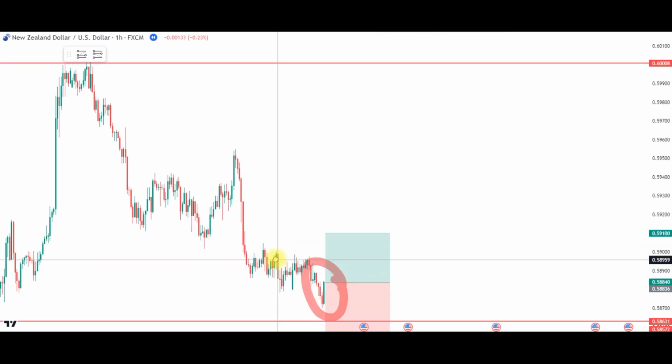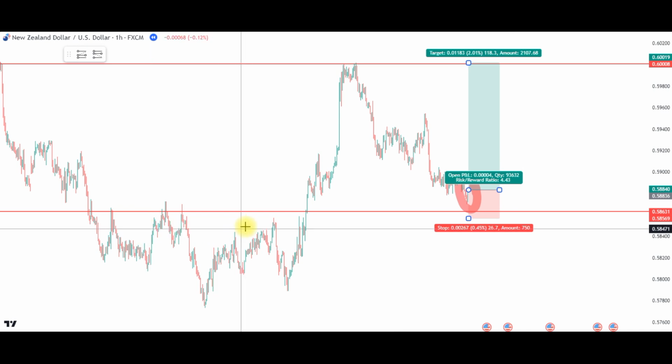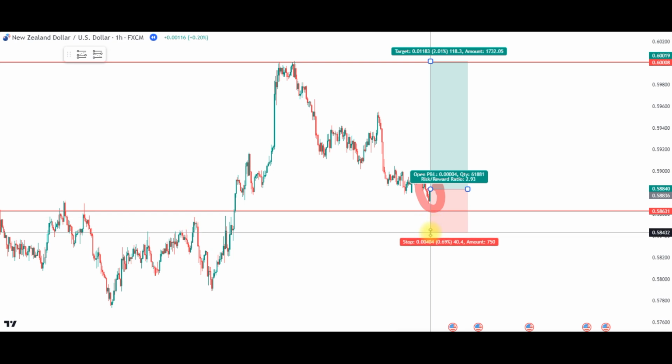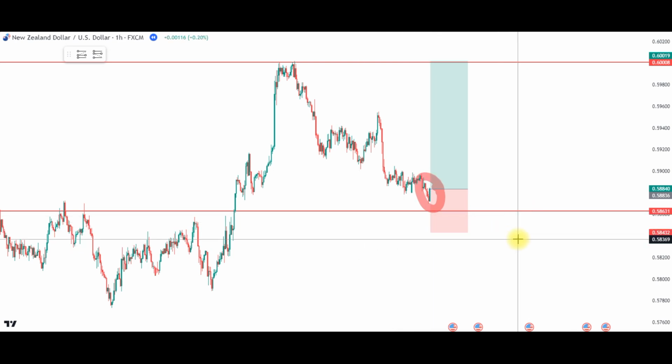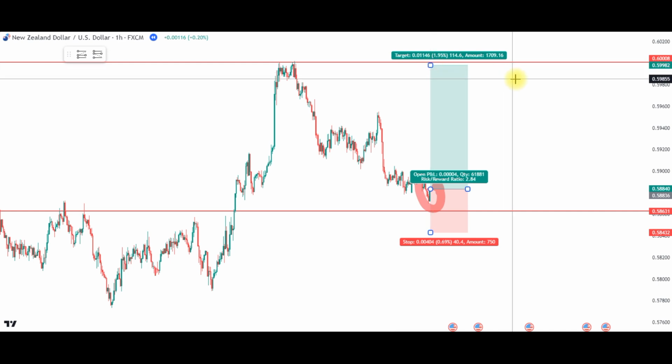I will zoom out a little bit. We're placing the stop loss below this support and resistance area, since you see the market has reacted to this area before. So this should be a good position. Then we put the target up here, a little below the last high.